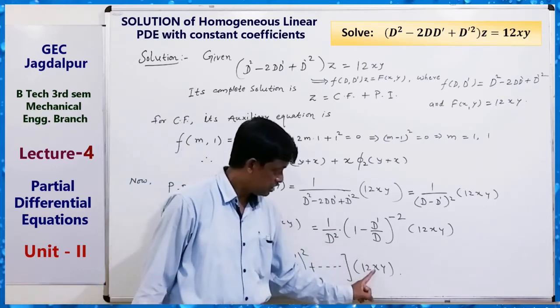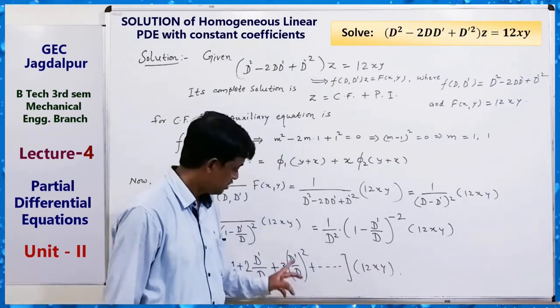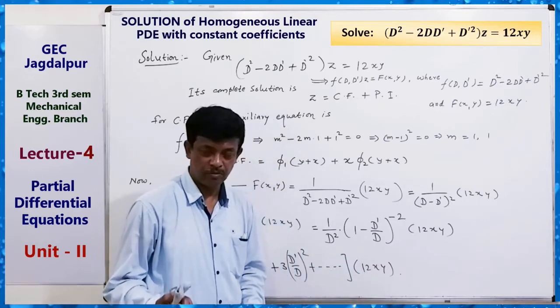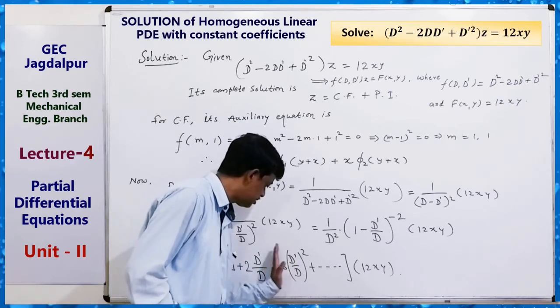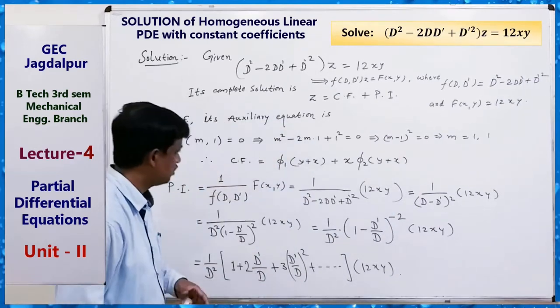So differentiation of this with respect to y, taking x as constant, 2 times. First time y gives 1, second time 0. So after this second term, all terms will be 0. So we can take only two terms.